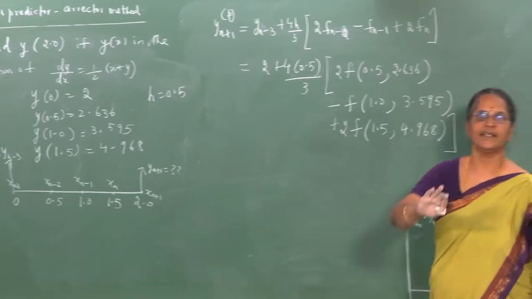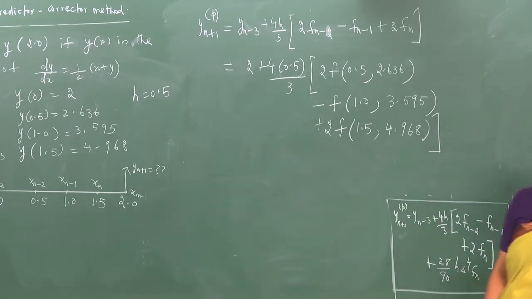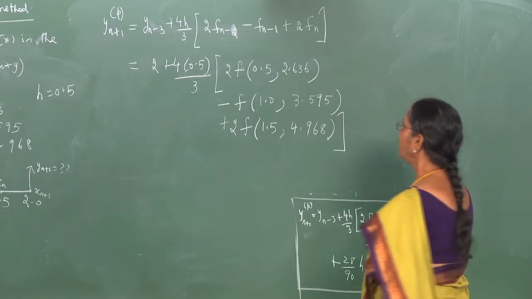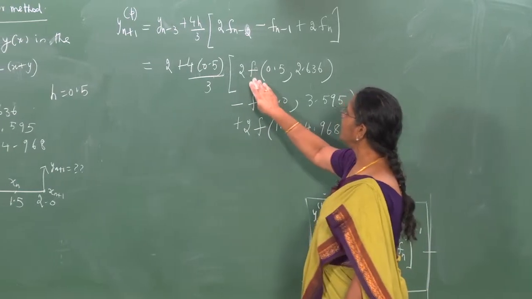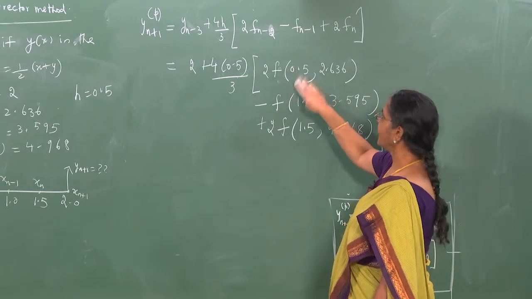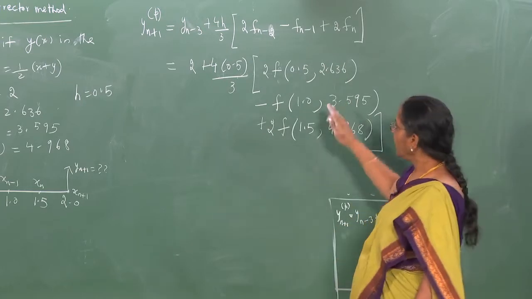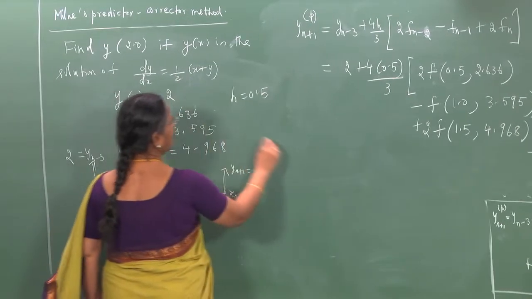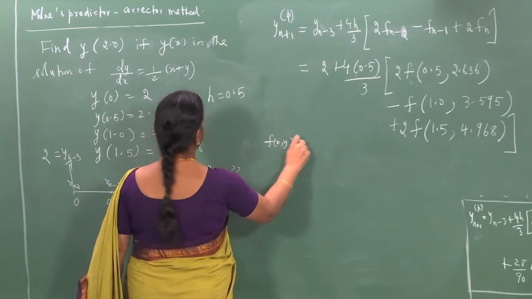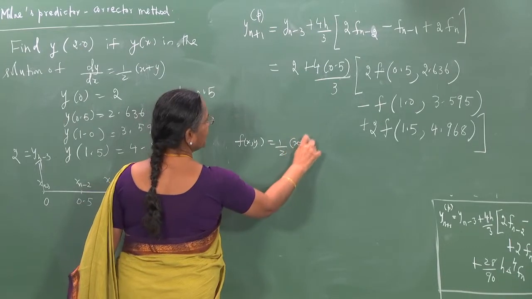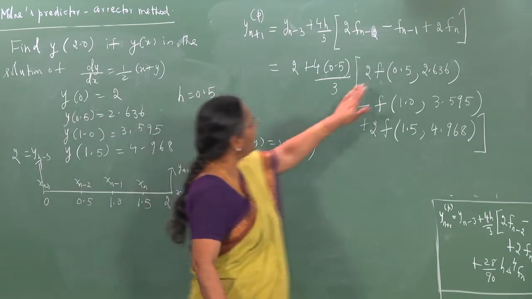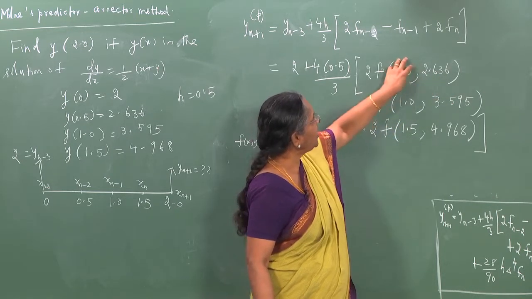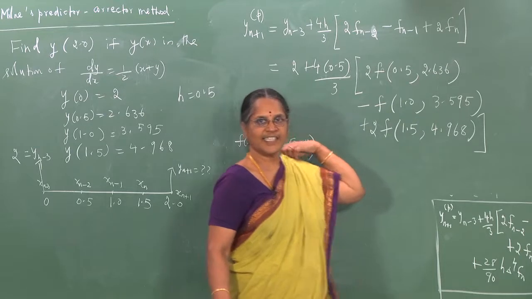So, it is always better to write down each step systematically, so that you know you evaluate your function at these points xi, yi, and then use the differential equation. What does it say? It says f of x comma y is half of x plus y. So, f of 0.5 comma 2.636 will be half of 0.5 plus 2.636.